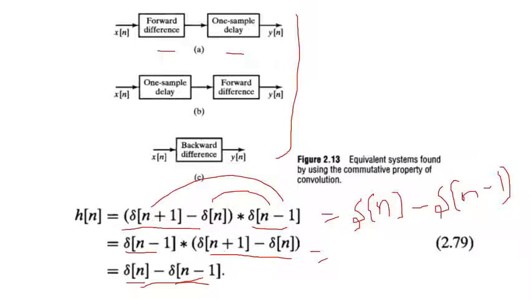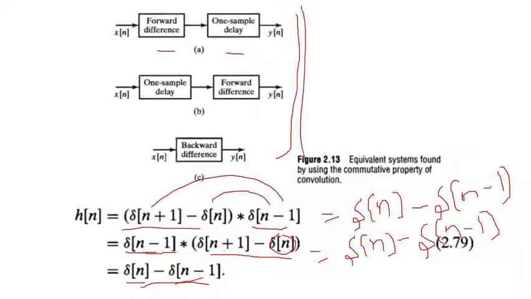It means I want to advance delta of n minus 1. So advance means delta of n. Then if I convolve this with this, I want to delay delta of n minus 1. So all these are equivalent. Equivalent system found by using commutative property. So this is commutative.